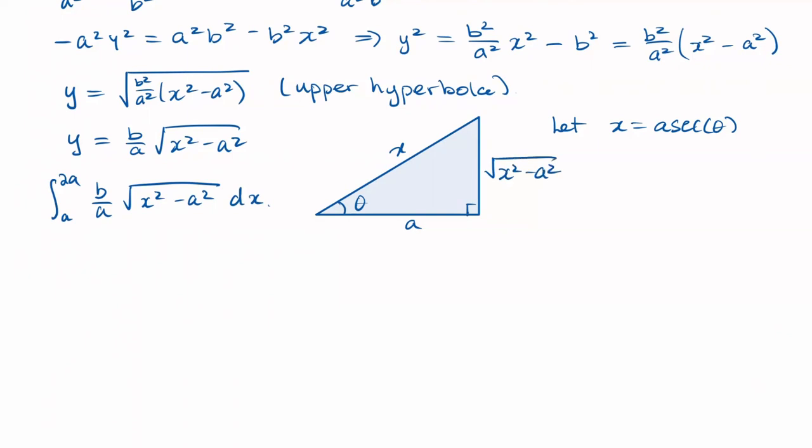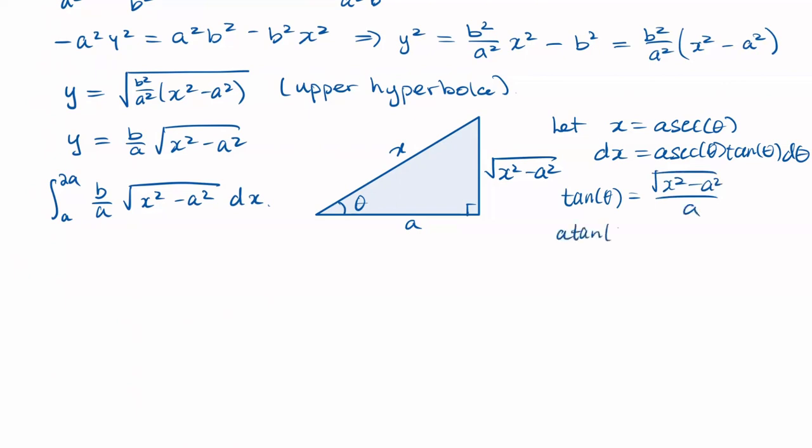So dx is then going to be a times secant theta tan theta d theta. Let's say we want to find an expression for the square root of x squared minus a squared. Well, note that the tan ratio can give us that. Remember that tan theta is equal to the square root of x squared minus a squared divided by a. So that means a tan theta is equal to the square root of x squared minus a squared.